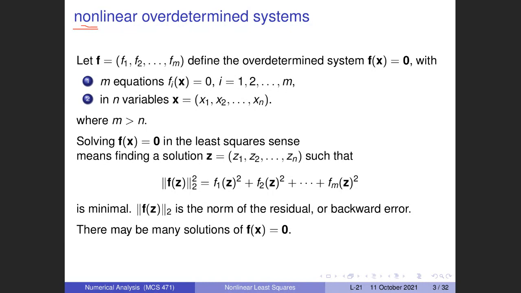What does that mean now? Well, what we did in the linear algebra problems, we had a residual vector, b minus a times x, where a is the coefficient matrix, b is the right-hand side vector. Here we are minimizing the residual vector as well, but that is the vector of the function evaluations.